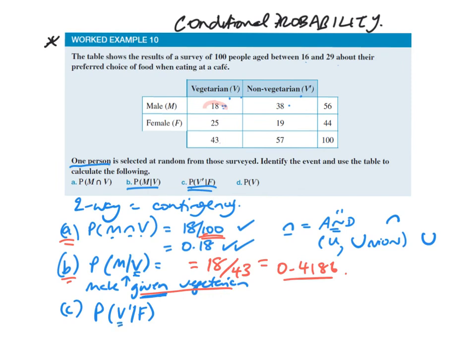Not vegetarian to me means meat eating. They've used the code in their table, which is all good. Not vegetarian is this 57 here, given that they're female. Our reduced subset for question C is just the females, the subset of 44 people. We're interested in this group of 44 females, and we're interested in the non-vegetarians, so it's 19 divided by 44.